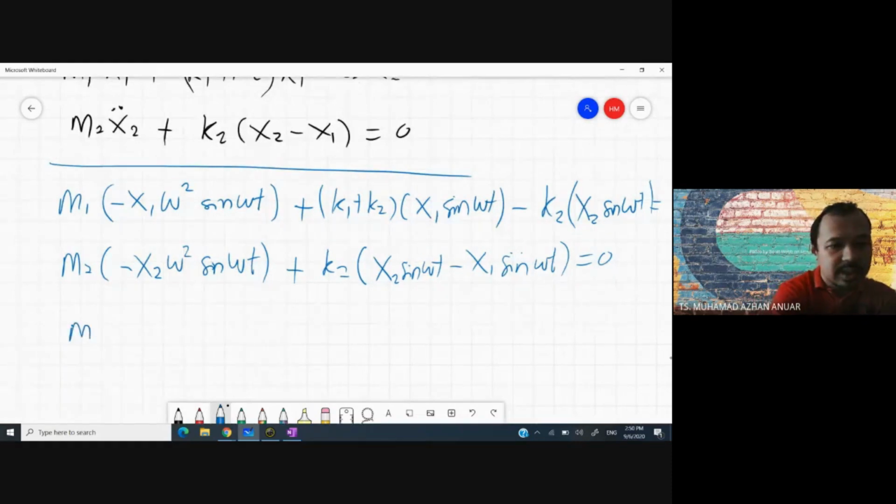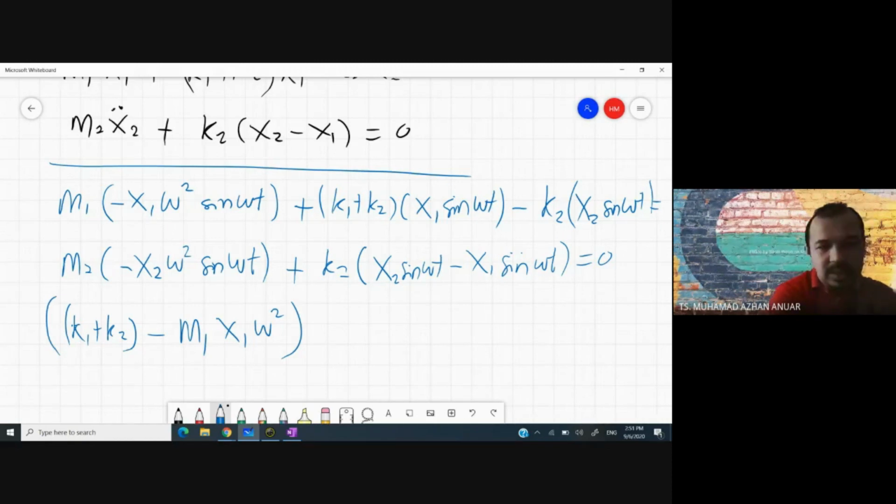You get x1, so you get K1 and K2. Let's arrange it accordingly: K1 plus K2 minus M1 omega squared, multiplied by x1, times sine omega t, is equal to 0.